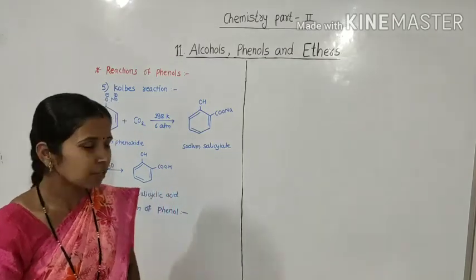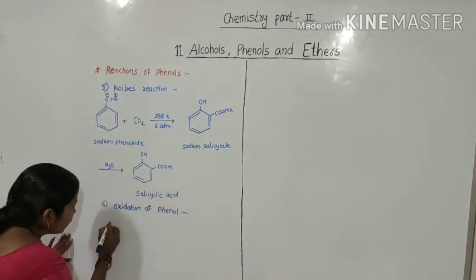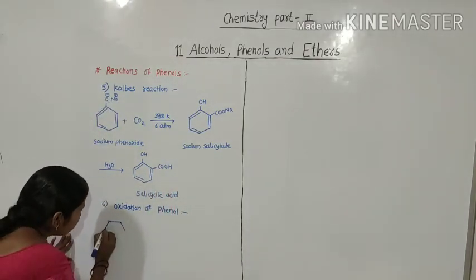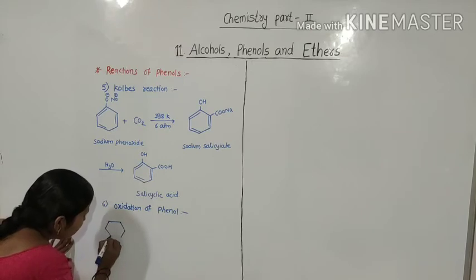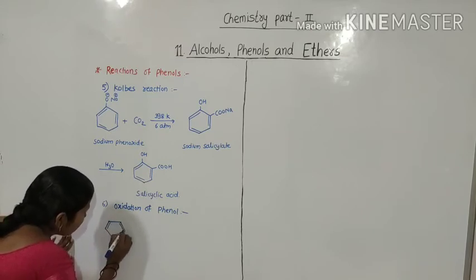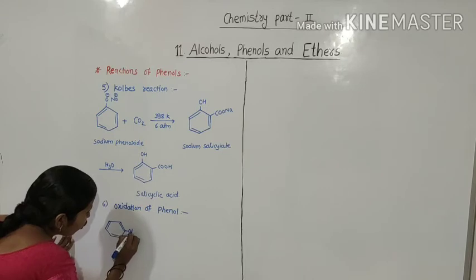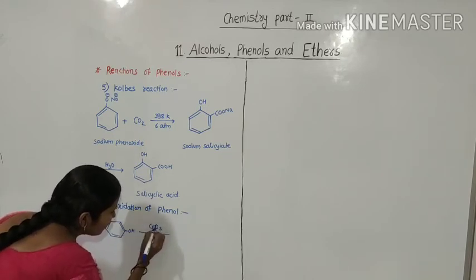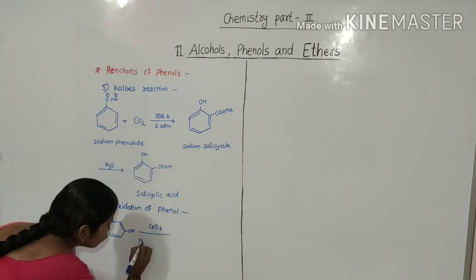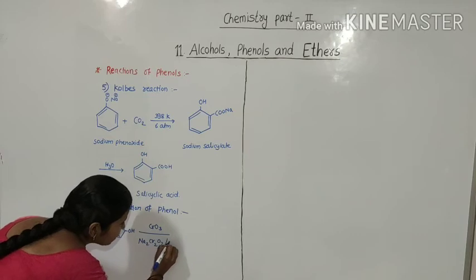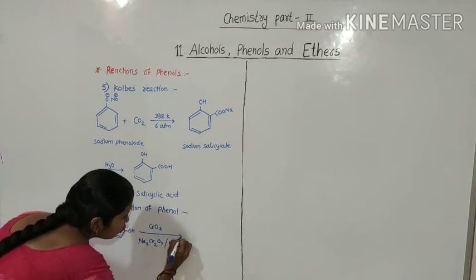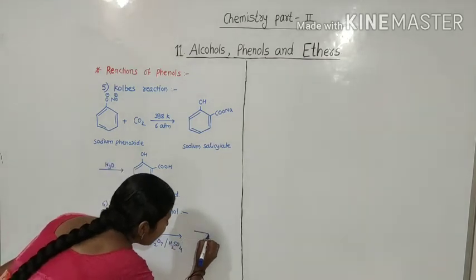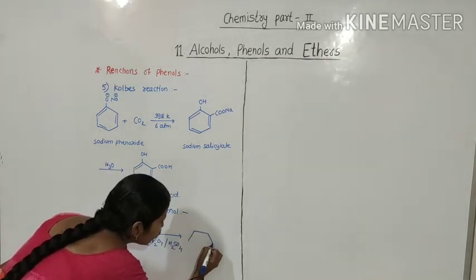So let's see the reaction. Here phenol on oxidation with chromic anhydride or sodium dichromate in presence of sulfuric acid forms parabenzoquinone.